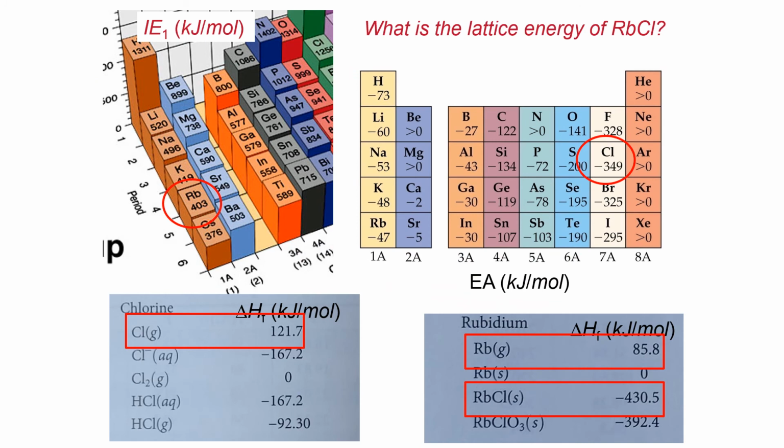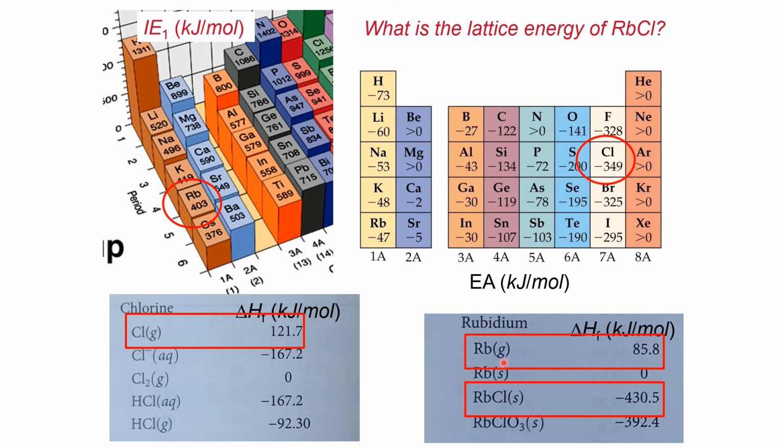Okay, I guess one last thing. Just to give you another example, here, believe it or not, is enough information for you to determine the lattice energy of rubidium chloride in this case. So here is our figure with ionization energies. We've got here electron affinities. A couple of things about rubidium.